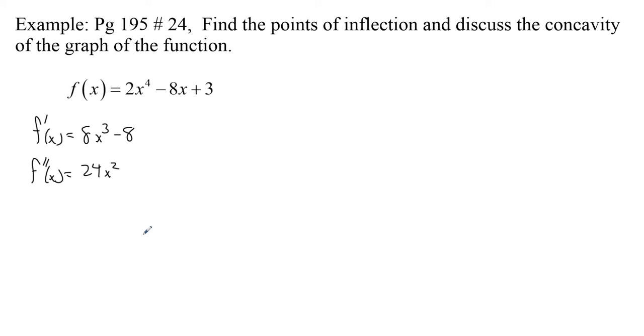All right. So let's talk about this particular graph. We have a possible point of inflection at x equal to 0, because that's the only value for x that's going to cause the second derivative to be equal to 0.